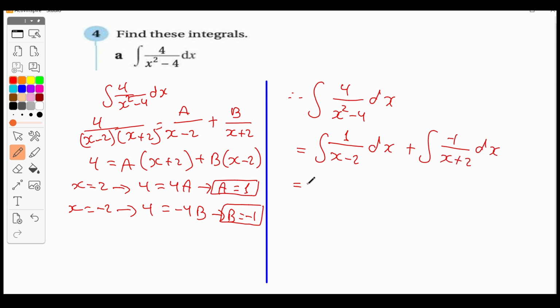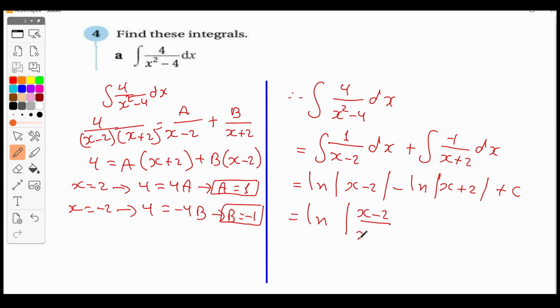That will be a ln the modulus of x minus 2. Take this negative 1 outside, it will be negative ln the modulus of x plus 2, then plus c. Ln minus ln will be ln of division, x minus 2 in the top, and x plus 2 down, then plus c.